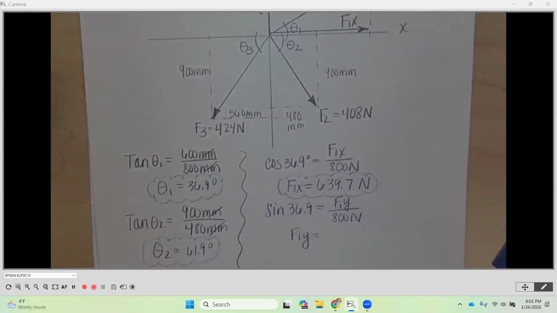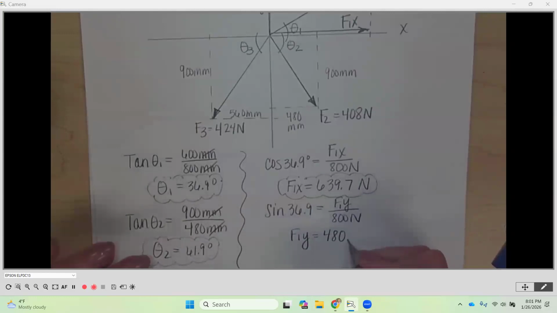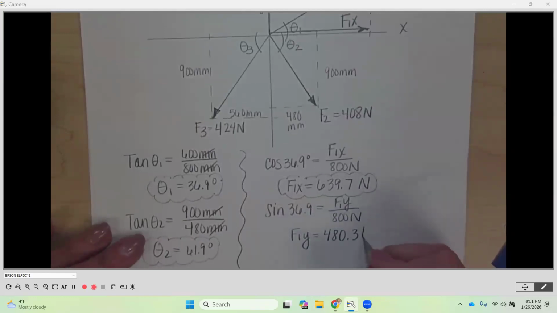And then F1Y should be 480.3 newtons. Just because later on we are going to be using these numbers. They're still in the problem, if you would.